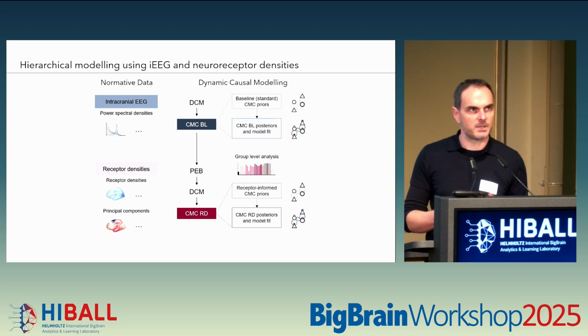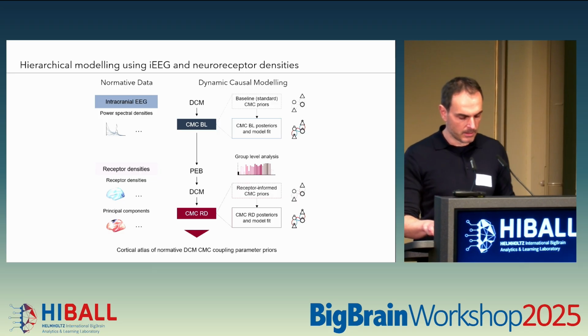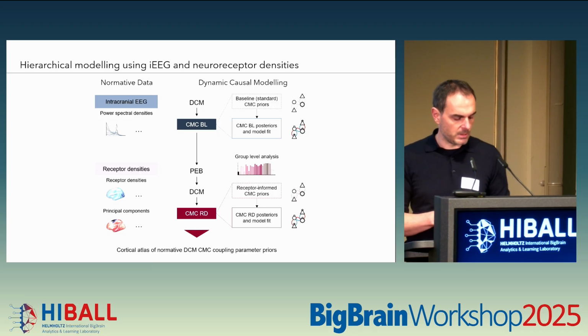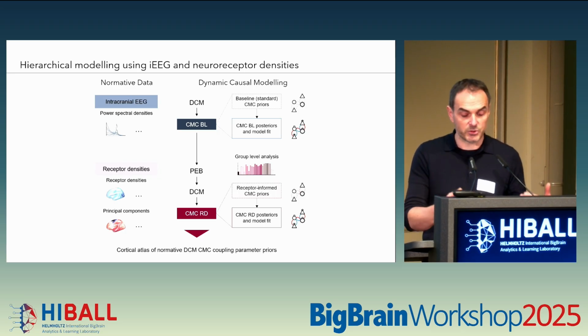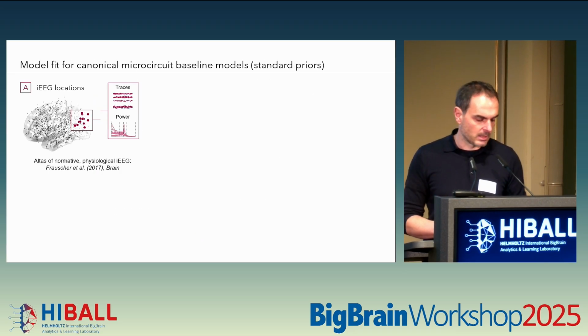We tested which variation of data, or which specific neuroreceptor data, actually improves the models overall. As an outcome, we had a cortical atlas of normative DCM canonical microcircuit coupling parameters, which can be used in other modeling exercises. This is just one specific outcome here.